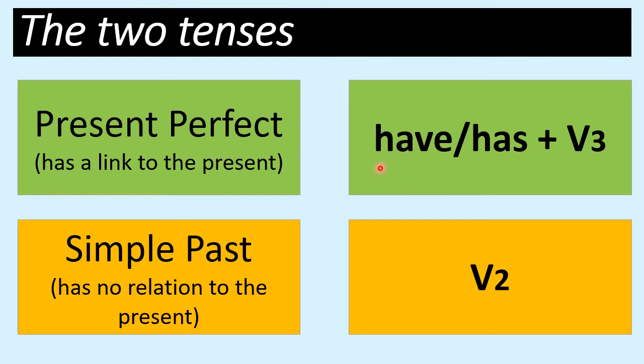And also you should remember the form have or has plus V3, I mean the past participle form, and for the simple past we use only V2, I mean the past form of the verb.